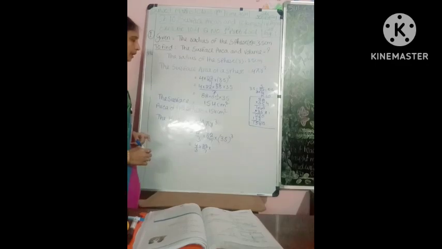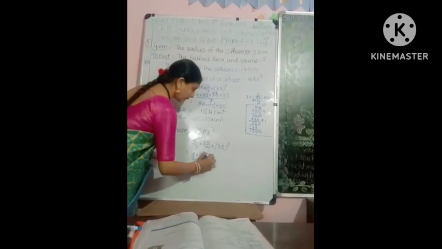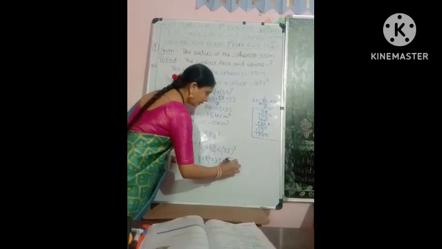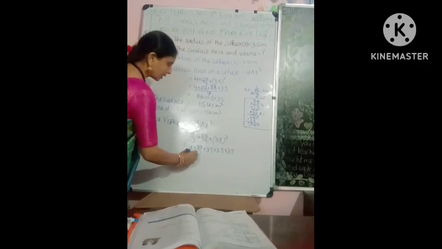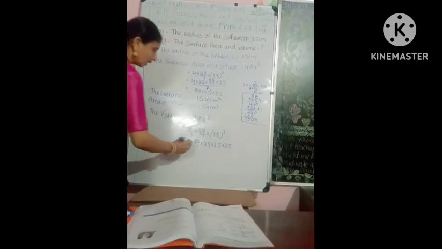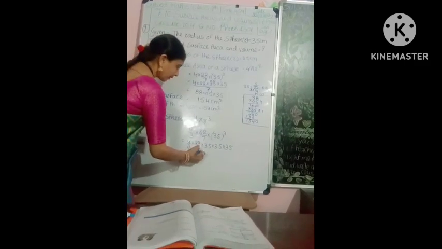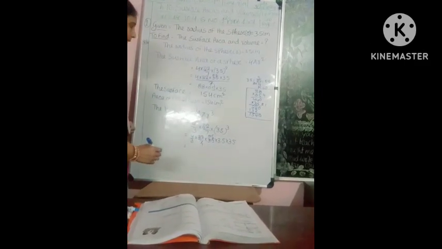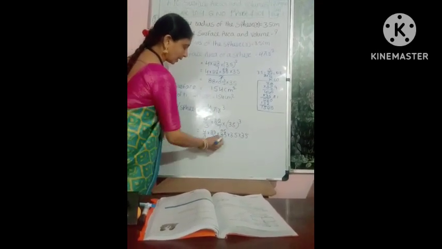3.5 is multiplied three times here, so 3.5 into 3.5 into 3.5. Now simplification: in the table of 7, 7 1s are 7, 0.5; 7 5s are 35, so 0.5 with the decimal point.